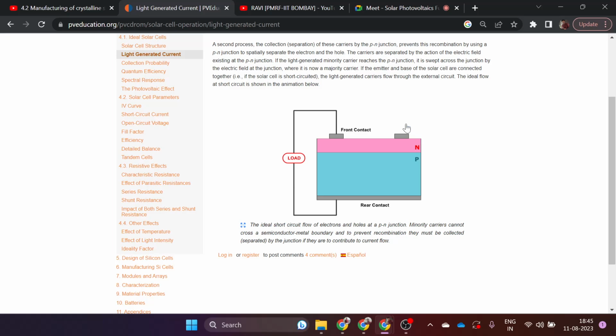If I click on this, some light is coming. If some light is coming, there is electron hole pair generation. And this electron hole pair, its electron is going through the outer circuit, and this is the hole, and it will go toward the rear side and it will recombine with the electron. So this is the working of a solar cell.